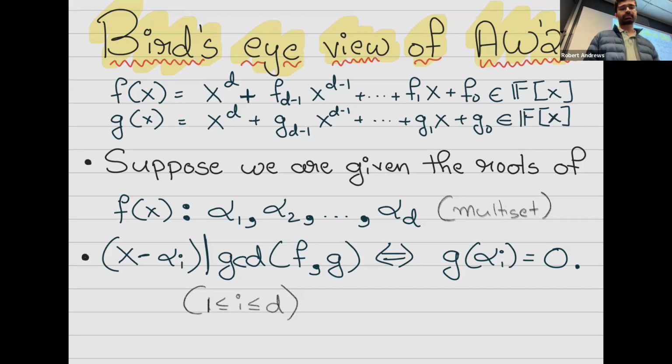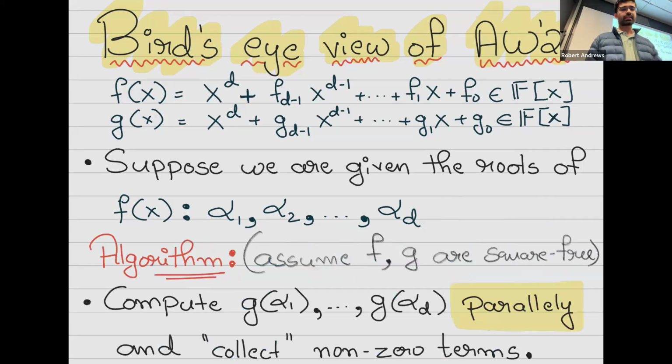Okay. So essentially what this statement says is that evaluating g at the roots of f gives me some handle on the factors in the GCD. This gives me a high-level algorithm I could try, a parallel algorithm.